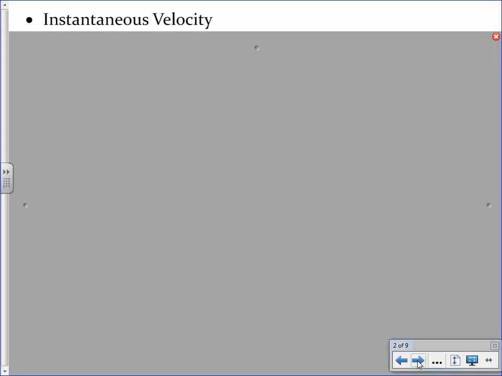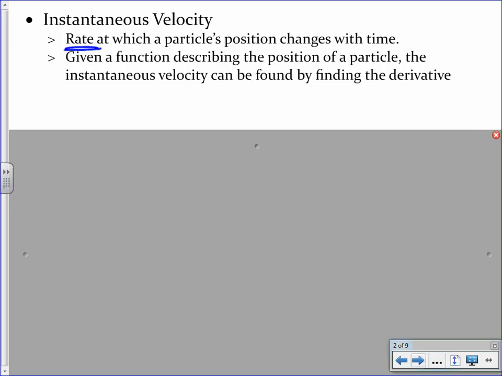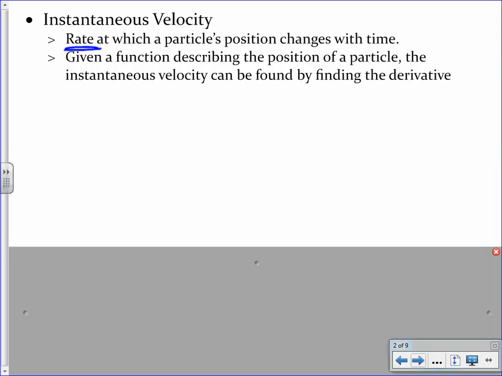Okay, so when we talk about velocity, we're talking about a rate of change, a rate of distance over time change. So, rate of change, instantaneous rate of change, we are talking about a derivative. Okay, so when we take the derivative of our position, we get ourselves velocity.